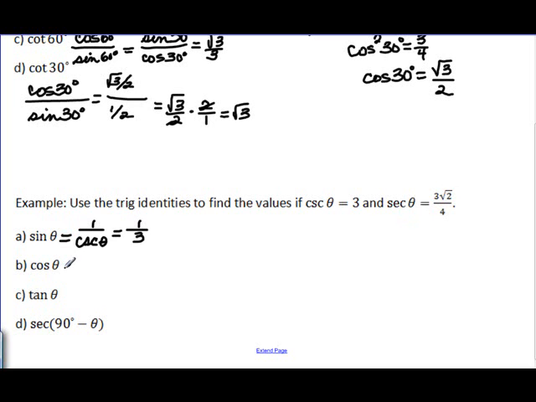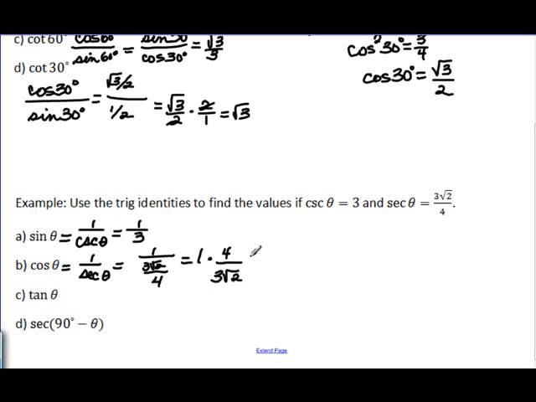What about cosine theta? Cosine is going to be 1 over secant. So here we're talking about 1 over 3 on the square root of 2 over 4. So here we would have to do 1 times the reciprocal, which is 4 over 3 on the square root of 2.